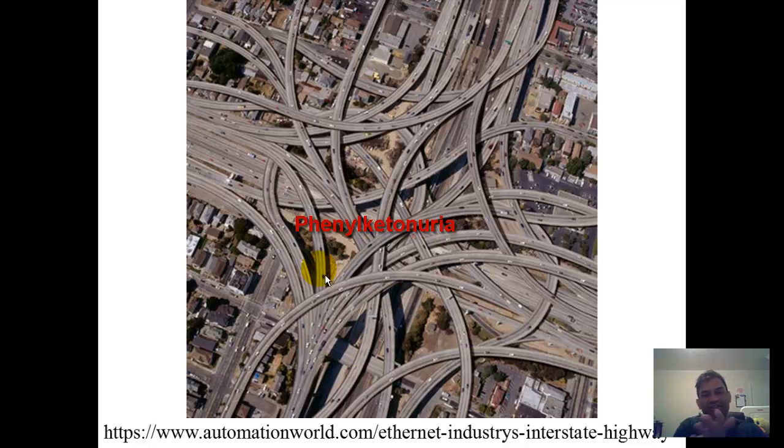Just as in a huge interstate highway like this, with a lot of bypasses and lane mergers or exits and entrances, you can have a metabolic pathway where some of the metabolites will exit and serve another purpose for another pathway. Or on the flip side, pathway A can produce a metabolite, and that particular metabolite can go into pathway B. So it's kind of like lanes.